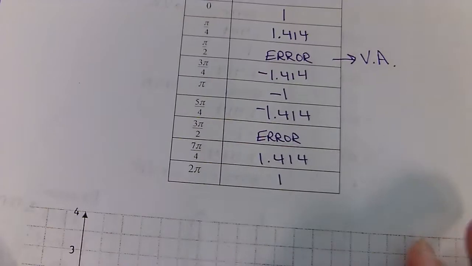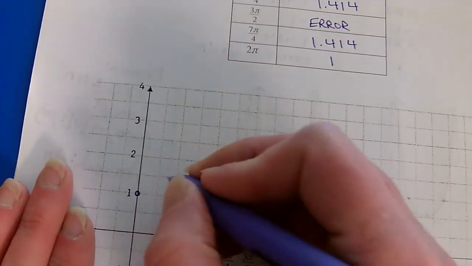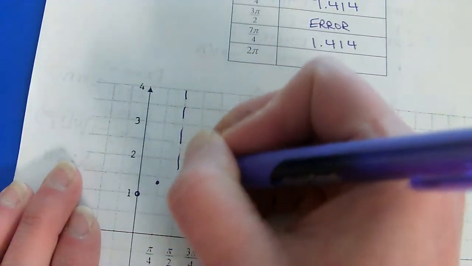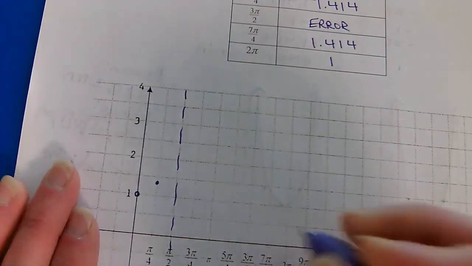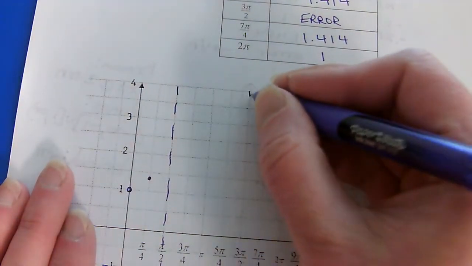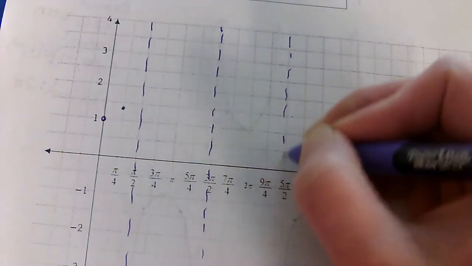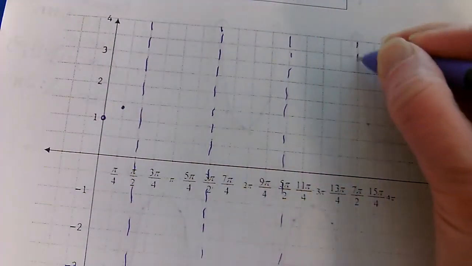We're going to have a very similar situation. But this time, my vertical asymptotes are happening every pi over 2. So, I mean, every, like 1 pi over 2, 3 pi over 2, then I bet it would happen again at 5 pi over 2, and then again at 7 pi over 2.